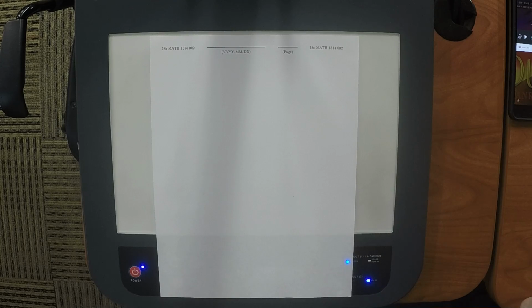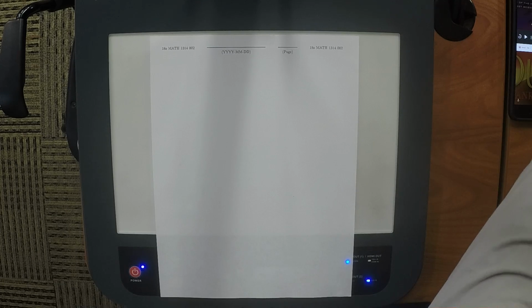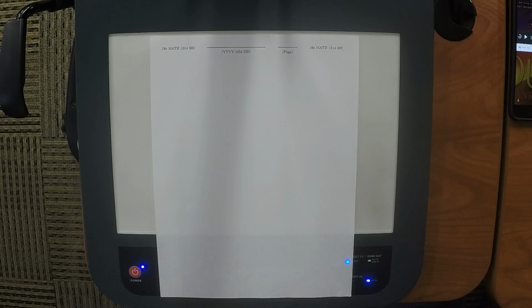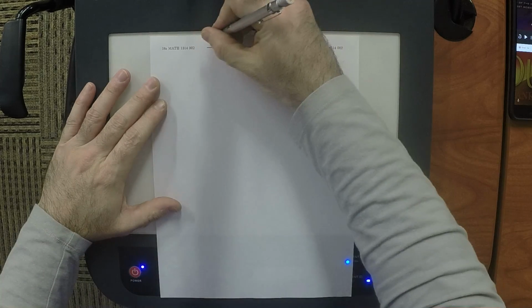Okay, so last time we had just finished talking about intervals and interval notation and all of that kind of thing. And now we're in a new section.